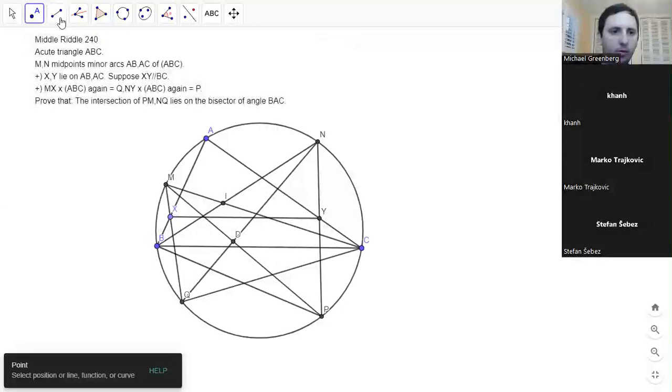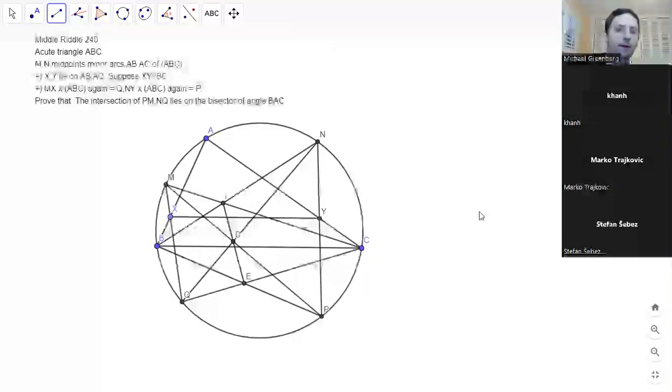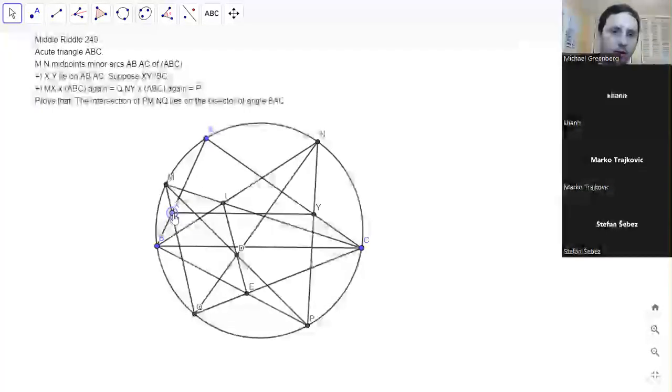So we know that these are collinear. We want to show they're collinear with A. We also want to use that XY is parallel.